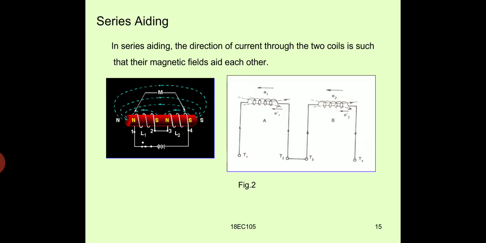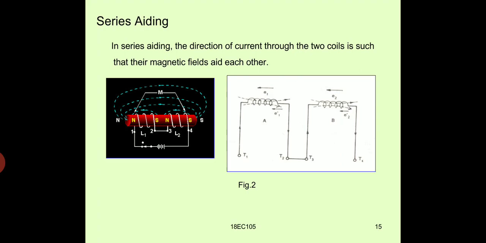And if you draw a common equivalent circuit for that representation, it will look like this. You will denote the two coils with L1 and L2 values, and then the current.